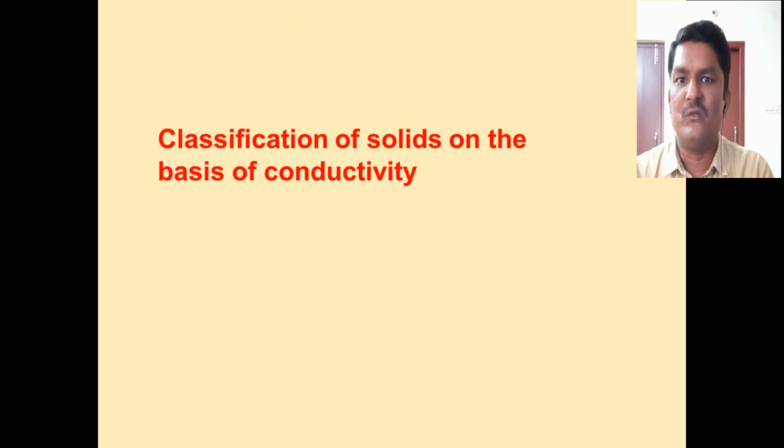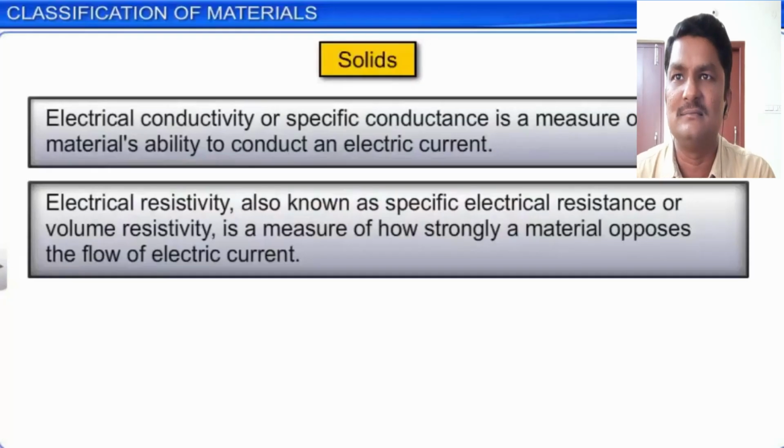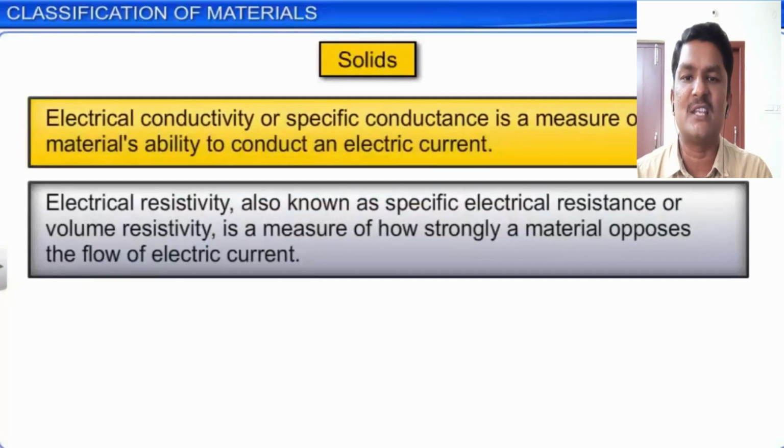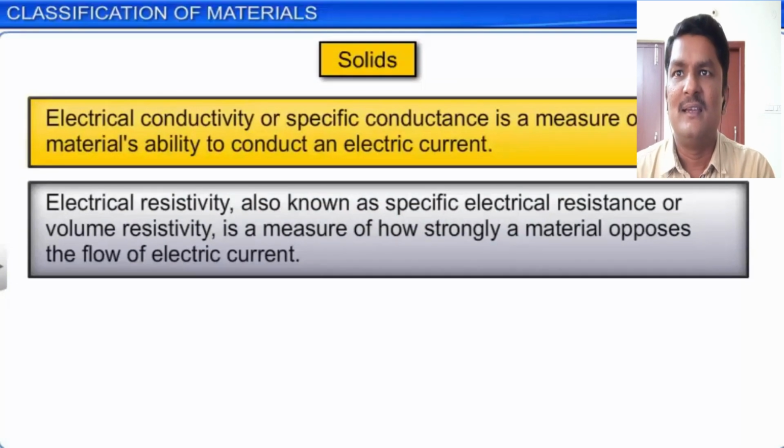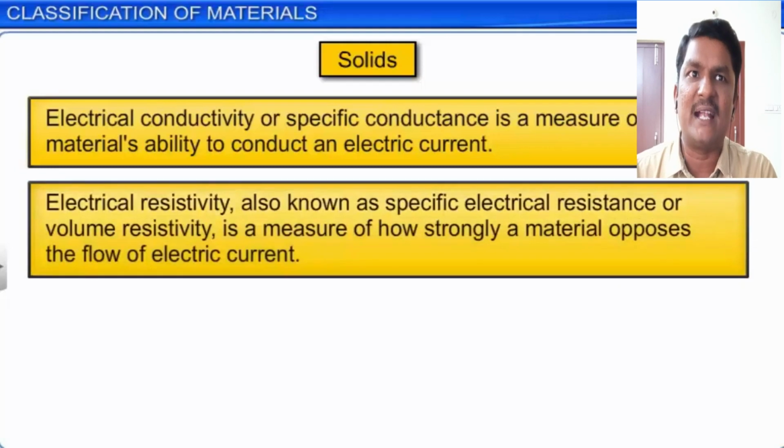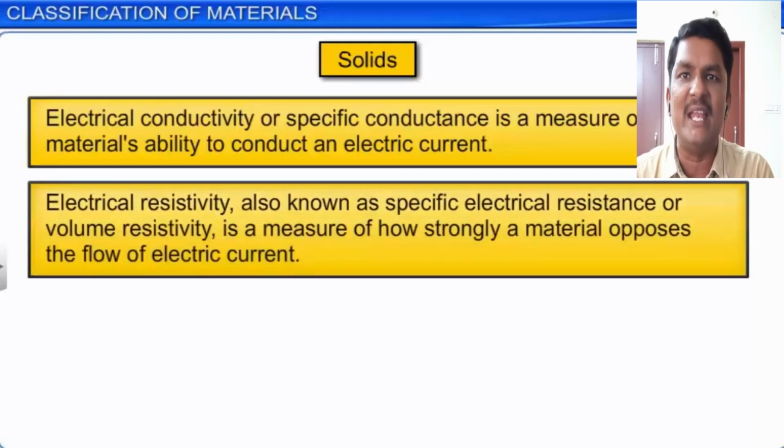Next, we move to the next topic, that is classification of materials on the basis of conductivity. Electrical conductivity or specific conductance is a measure of a material's ability to conduct electric current.